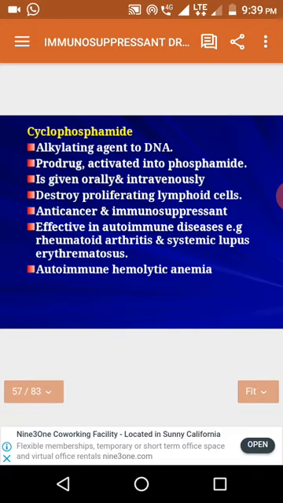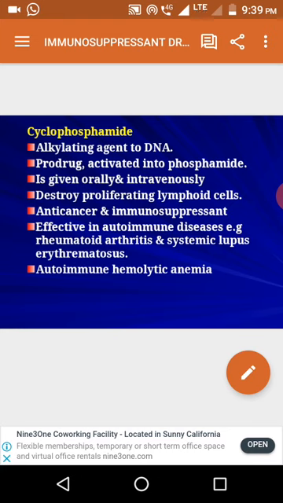Cyclophosphamide: again the mechanism of action is similar. Cyclophosphamide is a prodrug converted into phosphoramide mustard. It is an alkylating agent. It binds with the DNA molecules present in the T lymphocytes, interferes with DNA function, and causes DNA destruction.